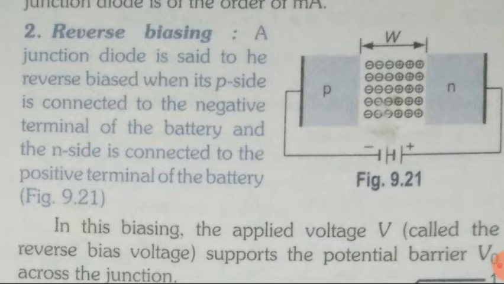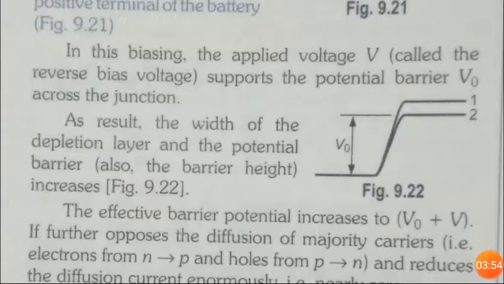Now let's see the definition written here for reverse biasing. A junction diode is said to be reverse biased when its p side is connected to the negative terminal of the battery and the n side is connected to the positive terminal of the battery. And one important line you can read: in this biasing the applied voltage V supports the potential barrier V naught.